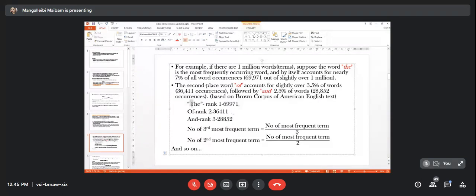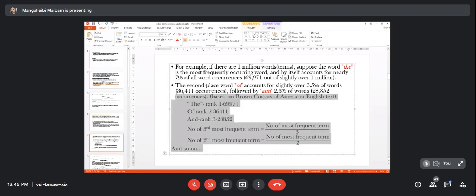For example, "the" occurs 69,971 times according to that book. All the values given here are based on that example book.